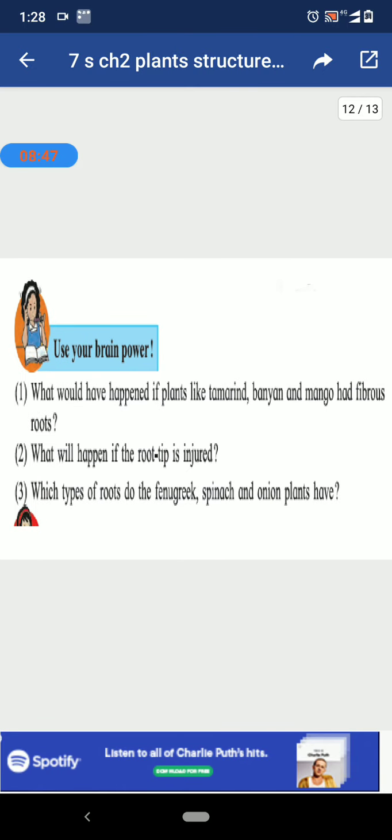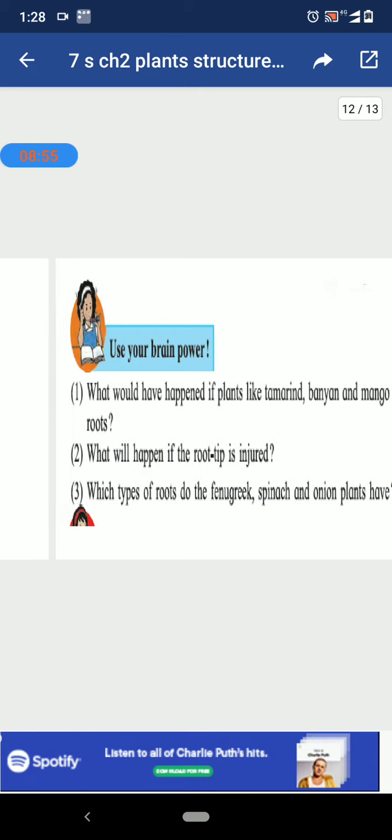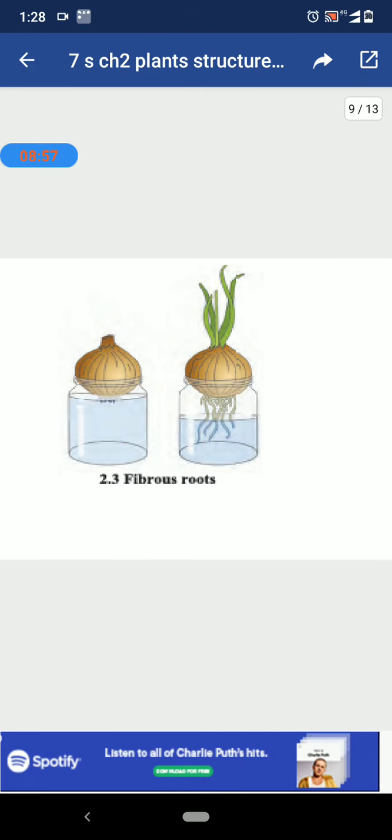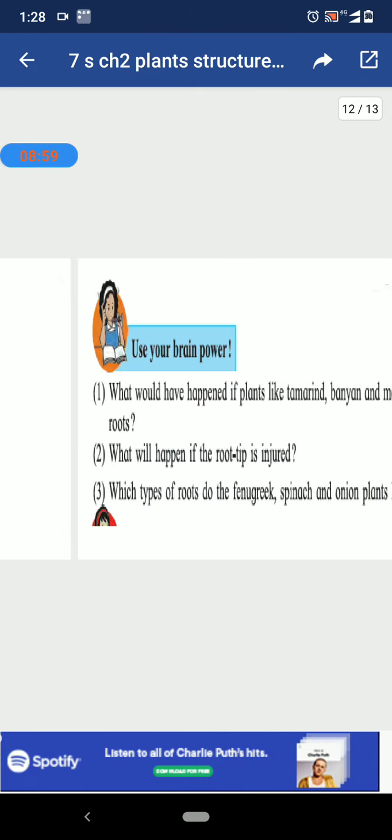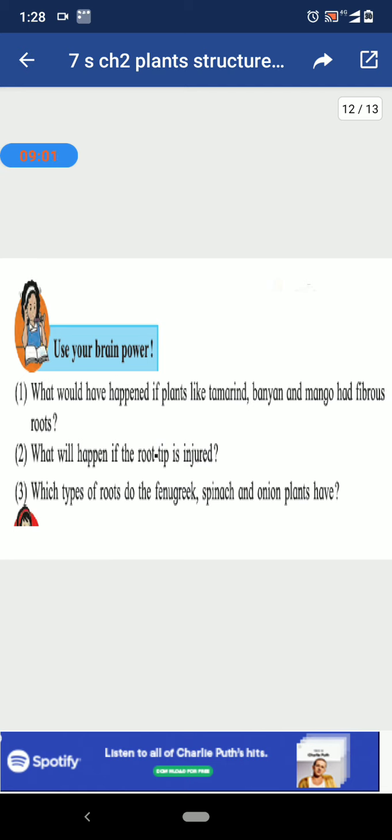Third question we have: which type of root do fenugreek, spinach and onion plants have? You may know this answer. Which type of root do they have? Spinach, fenugreek and onion. Onion we have already seen. Now the answer you will write is: fenugreek has a taproot, but it does not go deep down in the soil.